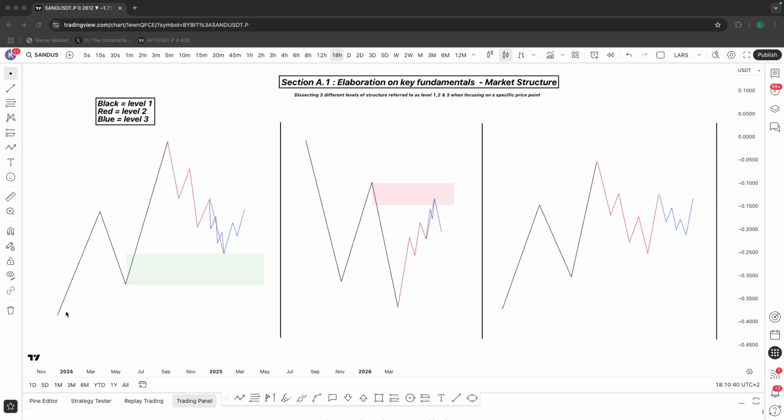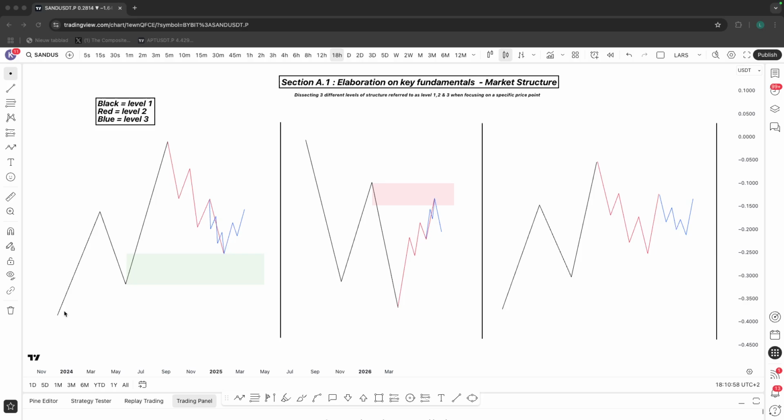When we're looking to confirm a 5-minute pivot point, we do not really care what the 2-week time frame is doing. So the level 1 market structure pool is always going to be the most important market structure pool and is going to depend on what we're focusing on in price.